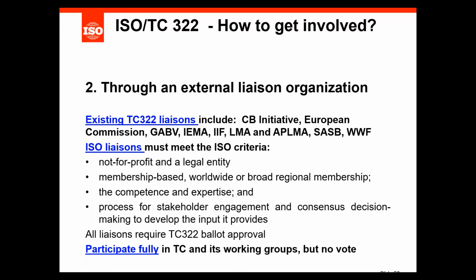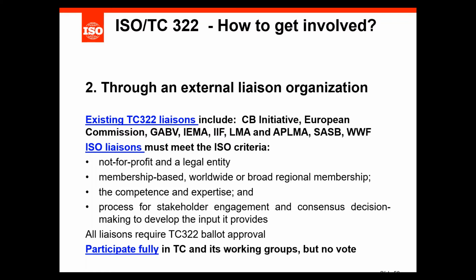Any organisation must meet the ISO criteria: not-for-profit, membership-based with a worldwide or broad regional membership, the relevant competence and expertise, and in particular, they've got to have a process for stakeholder engagement and consensus decision-making.